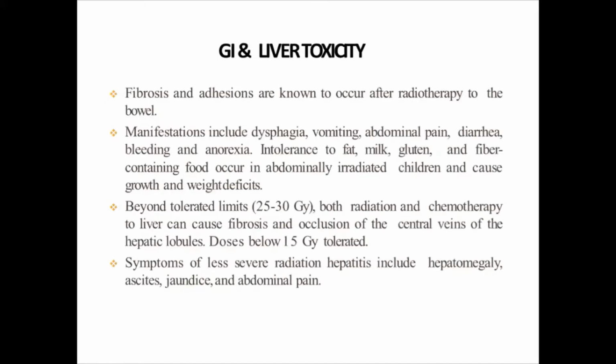So what are the GI and liver toxicities? Fibrosis and adhesions are known to occur after radiotherapy to the bowel. Manifestations include dysphagia, vomiting, abdominal pain, diarrhea, bleeding, and anorexia. There's intolerance to fat, milk, gluten, and fiber-containing food that occurs in abdominally irradiated children, and it can cause growth and weight deficit.